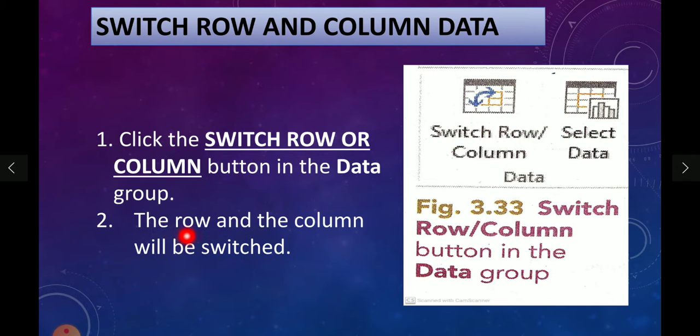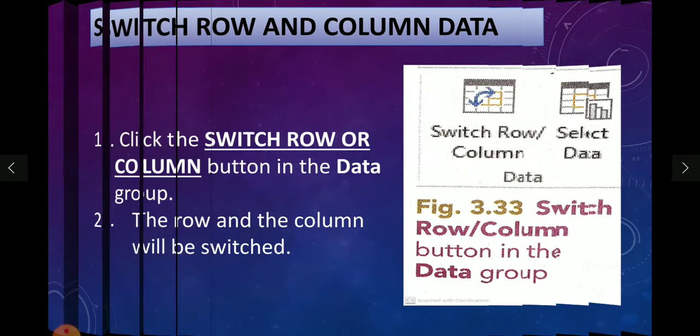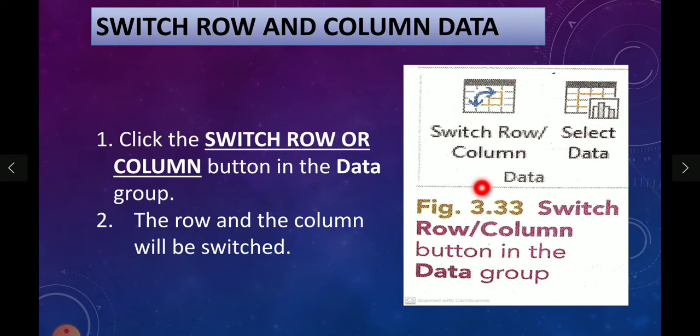Then the second step is the row and the column will be switched. It is very easy: if we enter the data of a column in a row, we just switch that data into a column and then we correct that information in the chart.